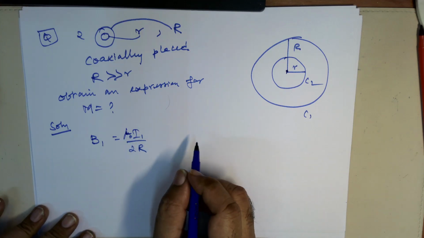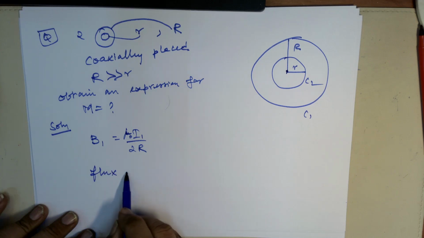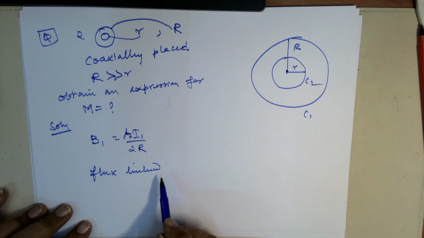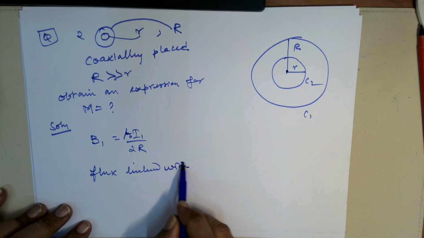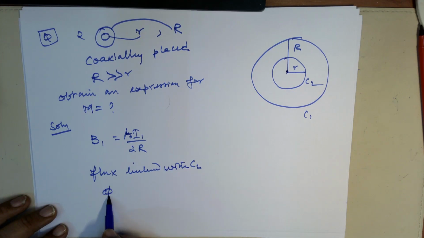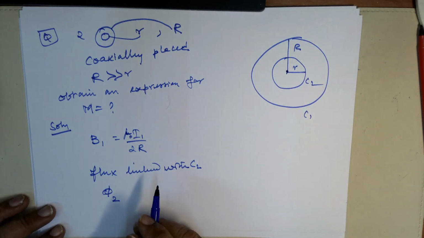Now let us analyze the flux linked. Flux linked with coil 2, C2, is represented by phi 2. It depends on the magnetic field. Is it not created by the first coil?